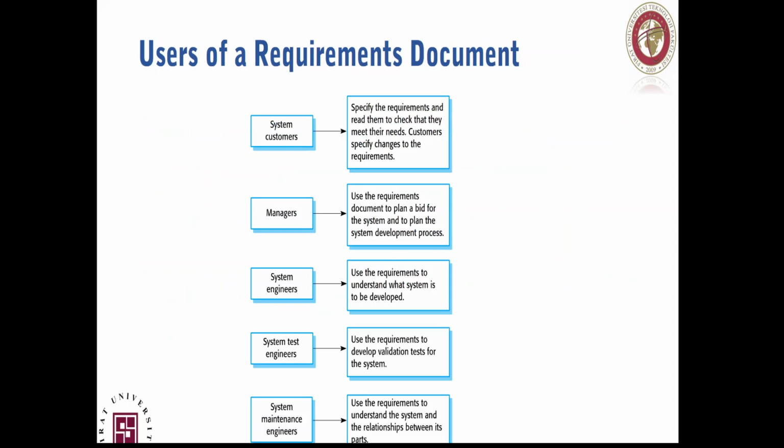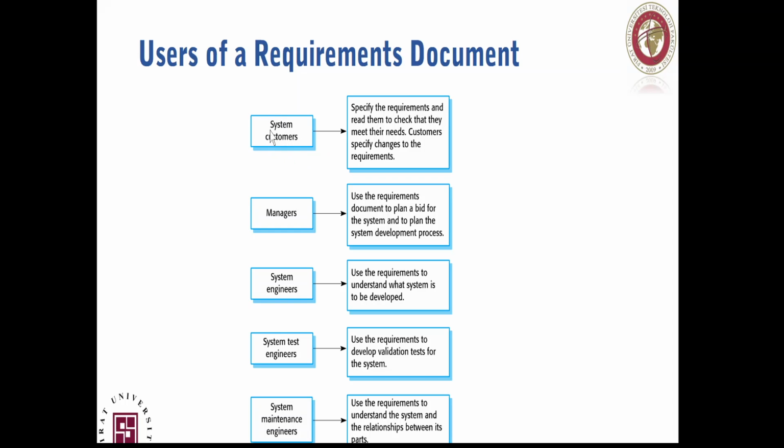Okay, so look at the stakeholders of the requirements document and who is actually going to read these requirements. We have a broad slice of users or readers of the requirements document. The first one is the system customers.